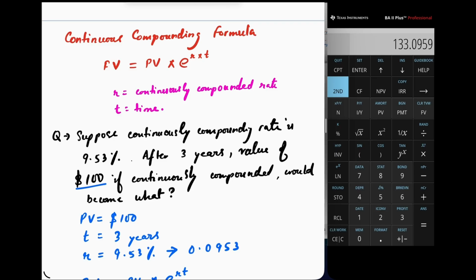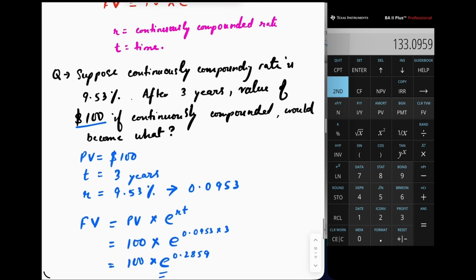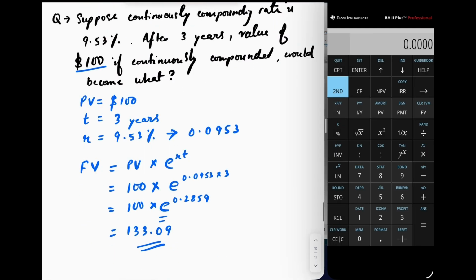So this is how you use the formula: if your present value is given, and if your continuously compounded rate is given, then you can easily calculate your future value. Hope till this point everything is clear. Now let me twist the question in such a way.